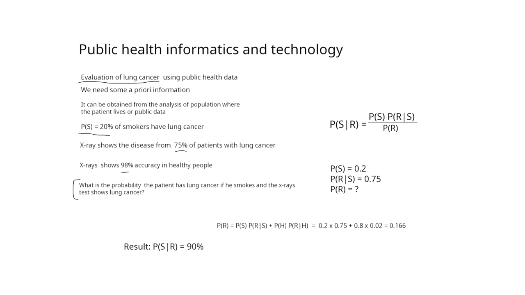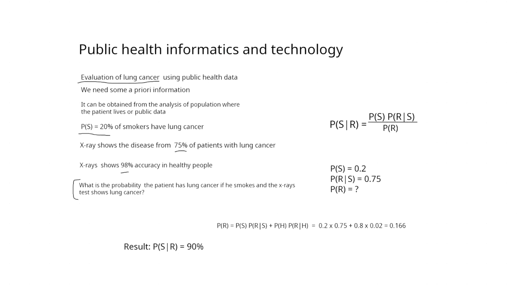So this is a very important number, and talking to hospitals, I found out that this information is very valuable in clinical medicine. And we use some public health data. As I said, for example, we use 78% and so forth.